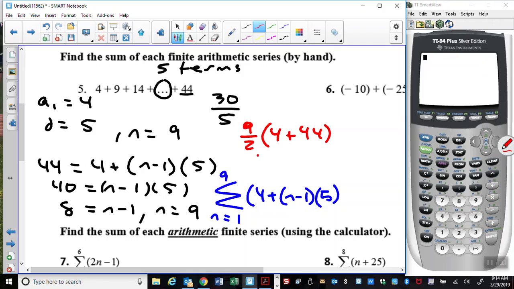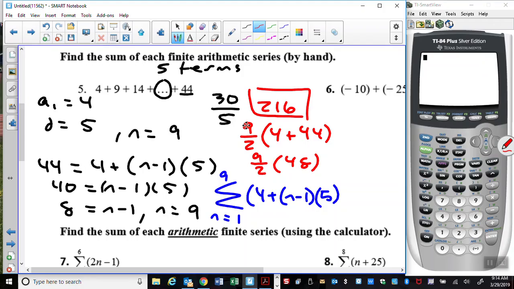So 9 over 2 times 48. You can use your calculator here. You should get 216 as your sum.